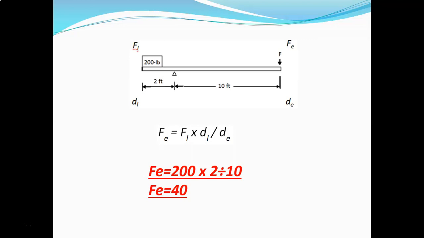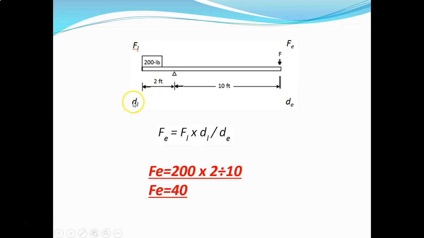FL is the force of your load. It's in the top left. FL is going to be your box, a 200-pound box. That's your load, so that's the force of the load. We've got a distance of the load, that's your DL. Here our distance from the fulcrum is 2 feet.